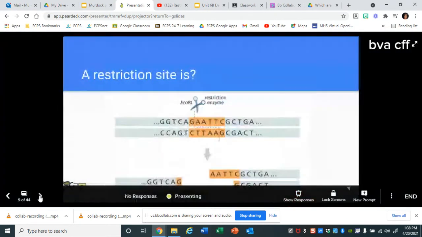Beautiful. All right. And what is a restriction site? The enzyme are the scissors.